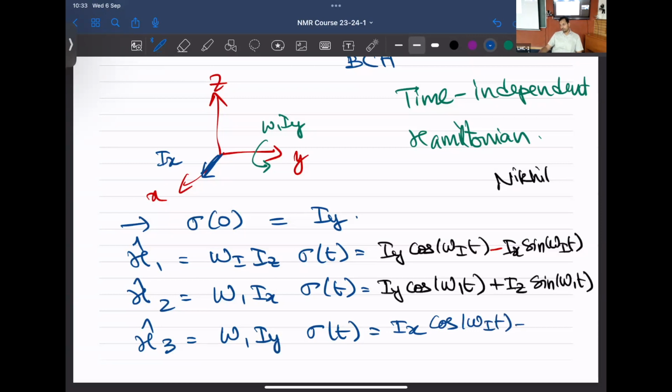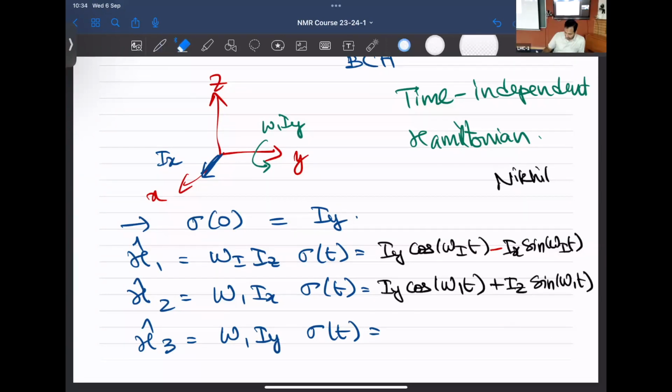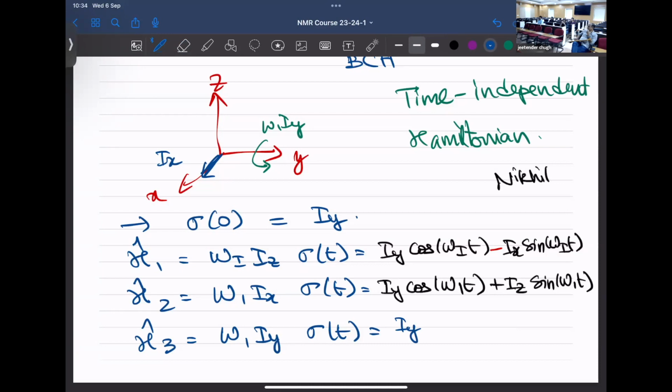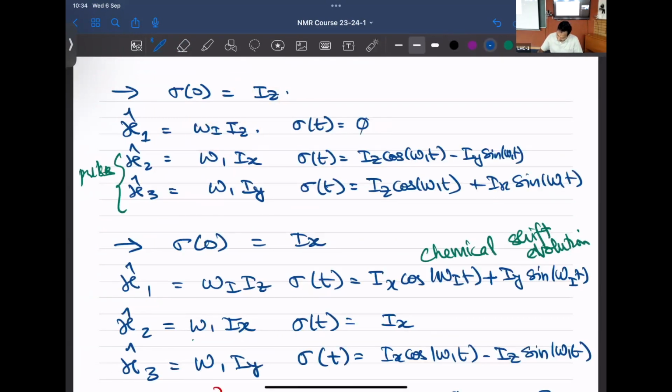Okay, just a moment. Let me write Iy. Anything else? No. Good. That's correct. It's just Iy. There'll be no time evolution. I shouldn't write a 0. I should have written this as Iz.